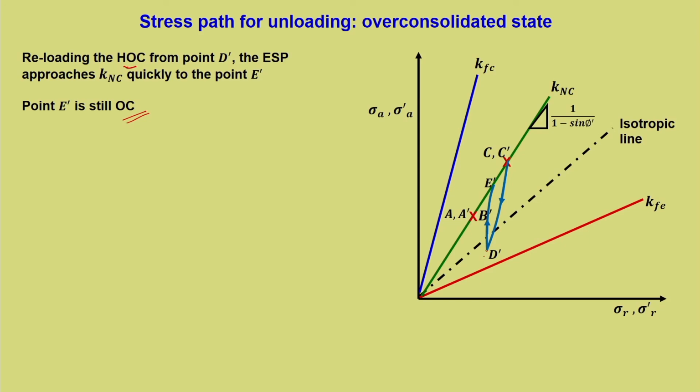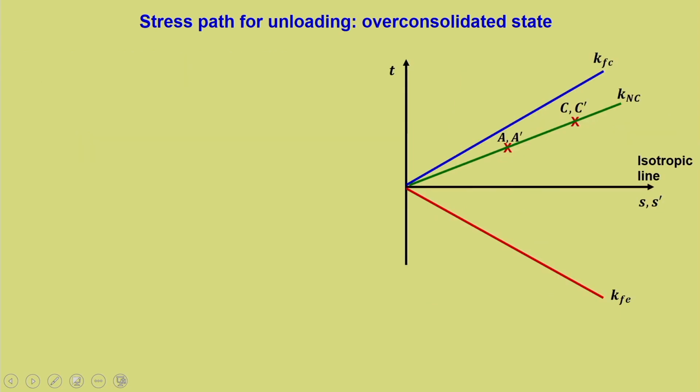Instead of joining C dash, it joins at E dash, it approaches the NC, but then we have to remember that the point E dash is still OC. Why? It has not reached the point C dash. It is still less than the stresses at C dash. Now, from point E dash onwards, K naught is equal to K naught NC.